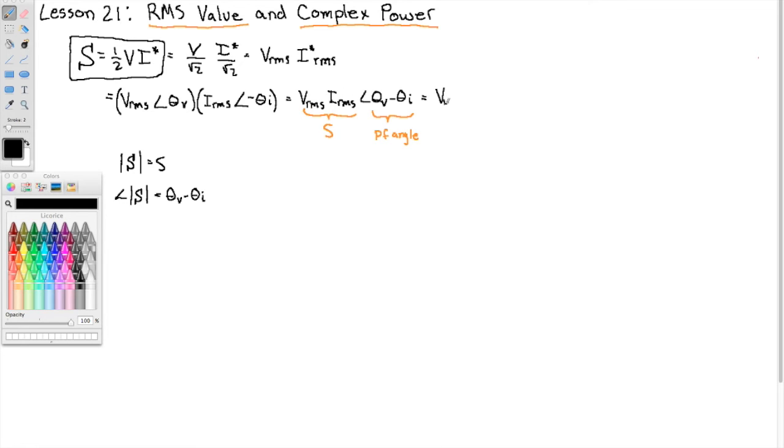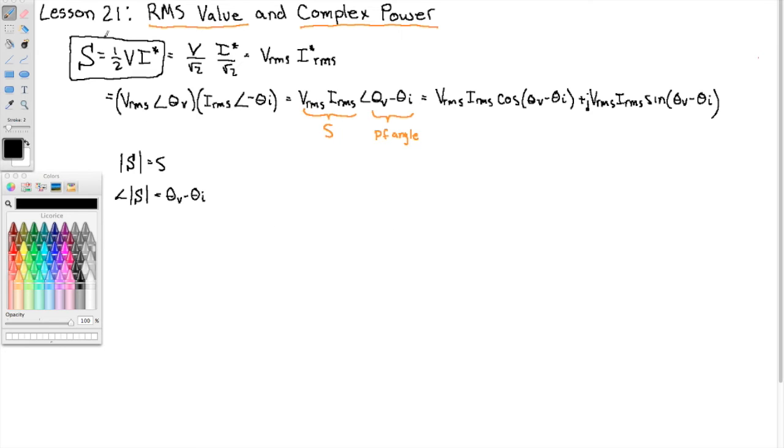This is V Rms I Rms times the cosine of theta V minus theta I plus j times V Rms I Rms sine of theta V minus theta I. Okay, so we're going to need that in just a little bit.